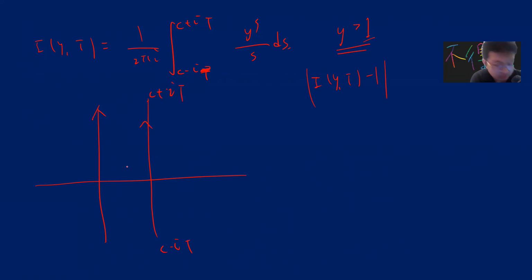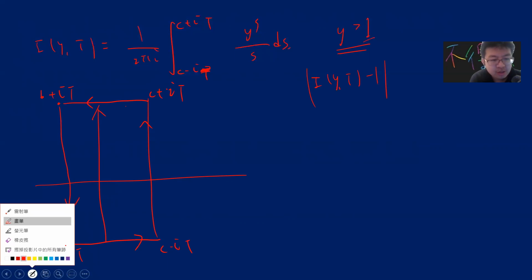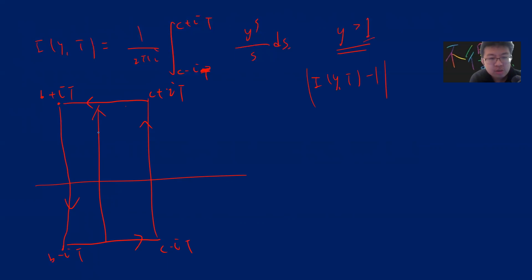Let's take this b plus it and b minus it. So we pick this to be a contour, which is a rectangle, so you get four of these. And we are going to take, let's say, b to infinity.